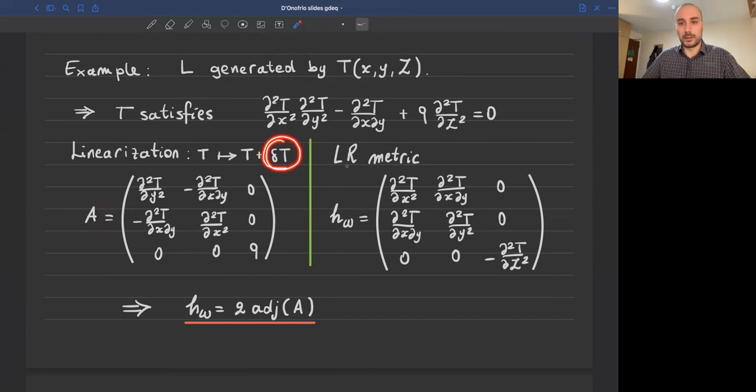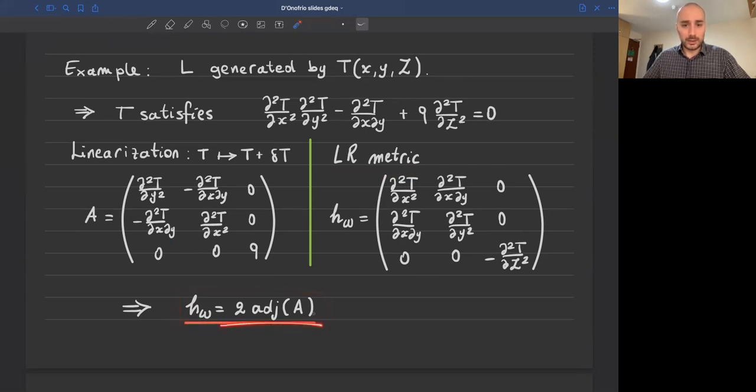Okay. We are also able to compute the Lychagin-Rubtsov metric for a solution generated by T, which looks like this, and a simple comparison brings this formula.